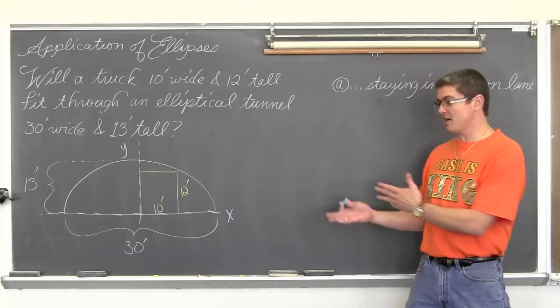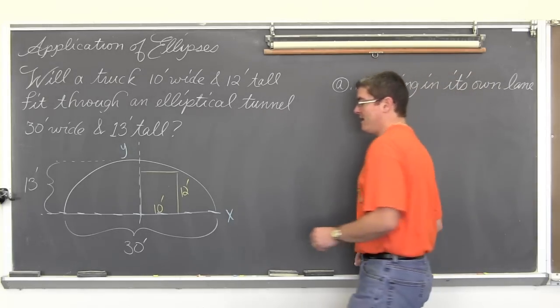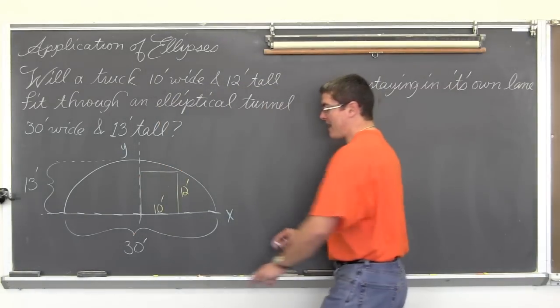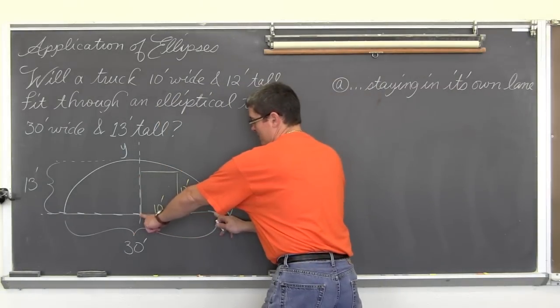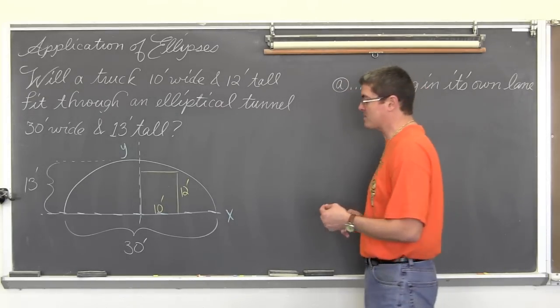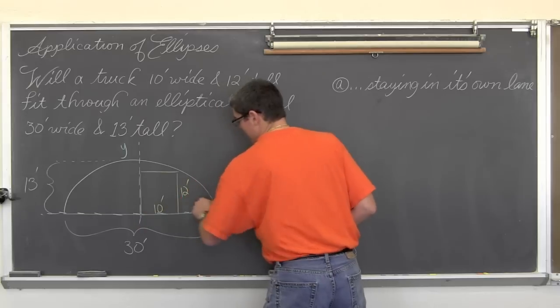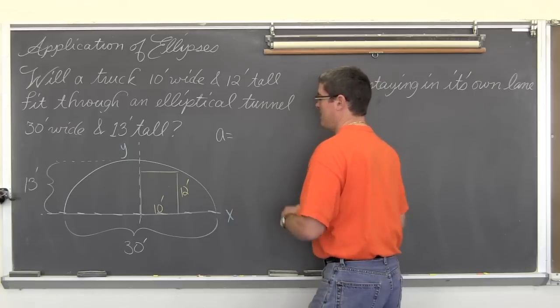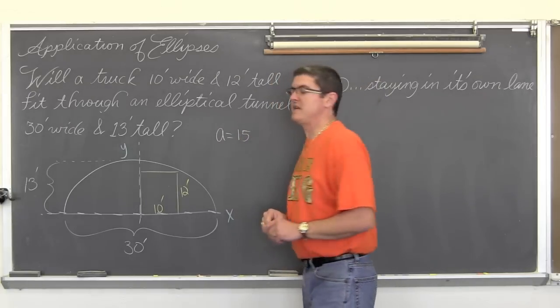And in this setup, we have a major axis length of 30 feet, which means that A, which goes from center to the vertex, or the center to the end of the longest axis in an ellipse, which is the major axis, is A. So our A value for this ellipse is going to be equal to 15.